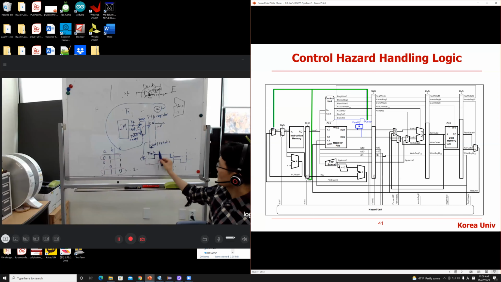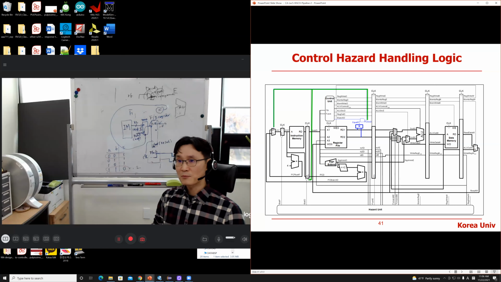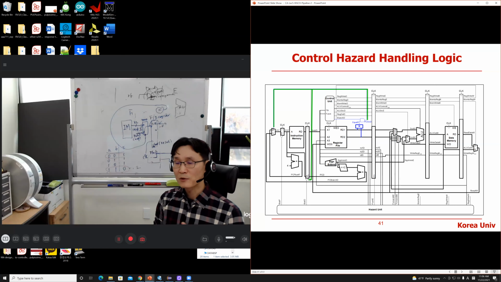So the design is pretty simple. If you have already done the previous milestone, that design is super simple. It will take a few minutes actually if you think logically. Any question about this?